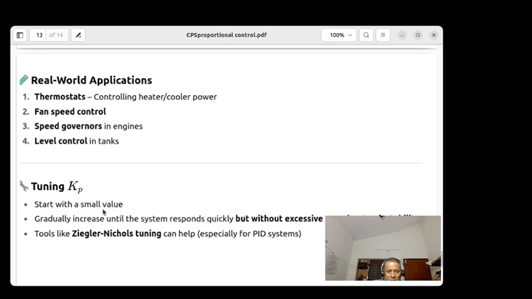Start with a small value, gradually increase until the system responds quickly but without excessive overshoot or instability. So this is the method. There is also a tool known as Ziegler-Nichols tuning, a tuning method to find out the values of Kp, Ki and Kd.